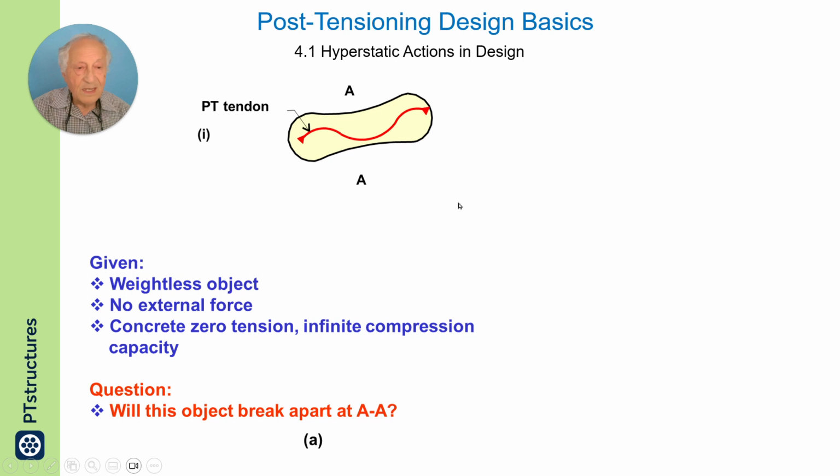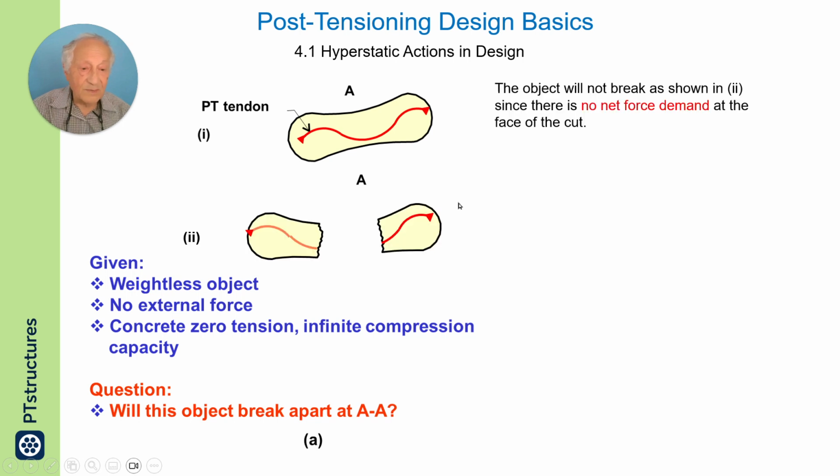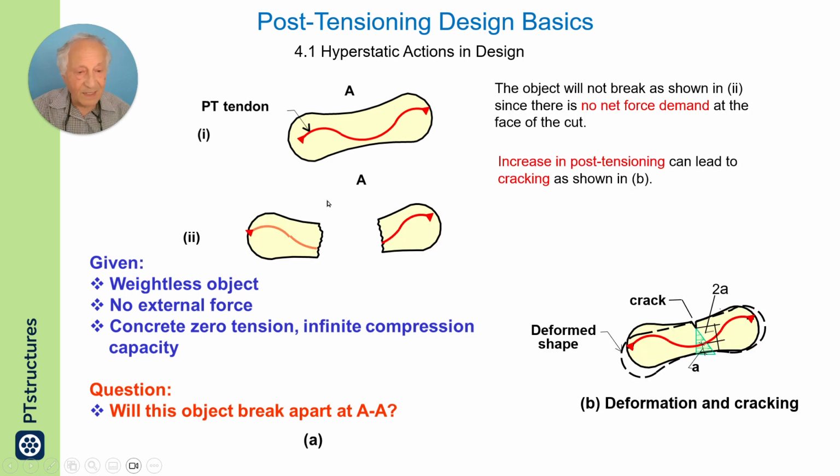You would follow the same scheme. You break it at AA and you try to determine the demand at the cut. The critical question is, is there a demand at the cut due to the forces on the right?